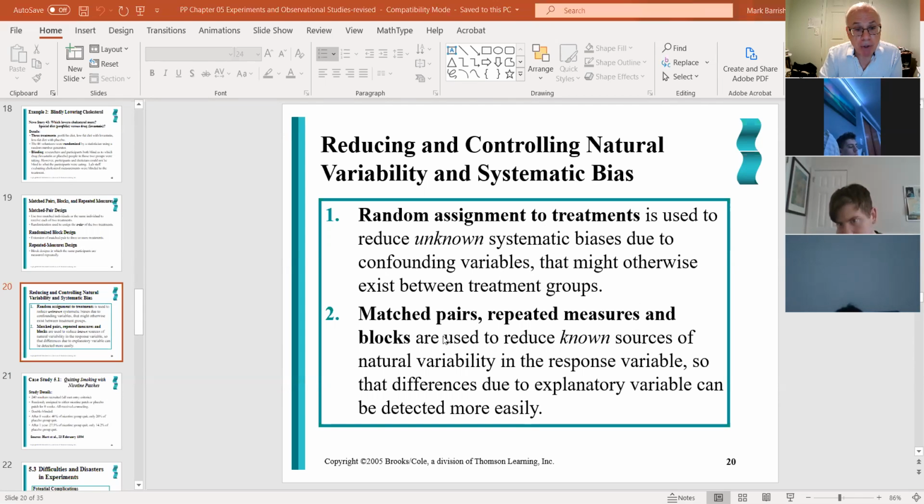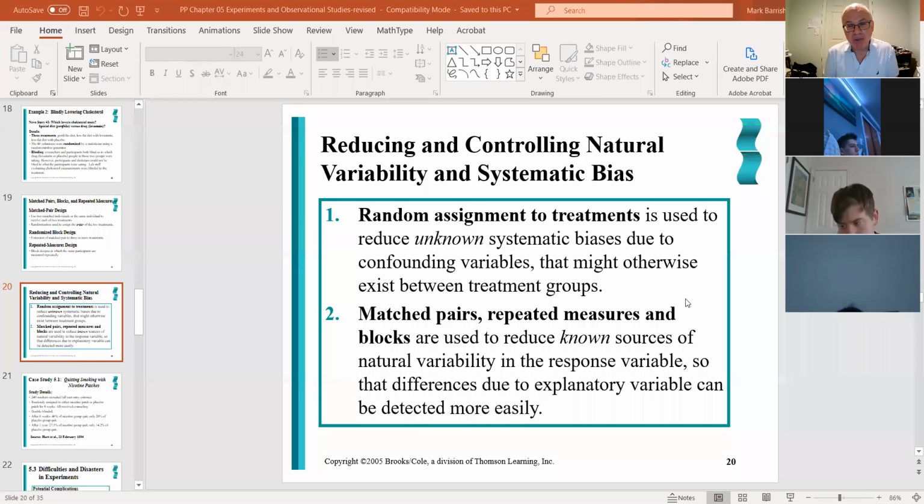Matched pairs, repeated measures, and block designs are used to reduce known sources of variability in the response. All right. So any other variables that could be out there that we're aware of, and we can control for, we use these types of designs. Matched pairs, repeated measures, and blocks, again, are being used for variables that we are aware of that we want to control for.